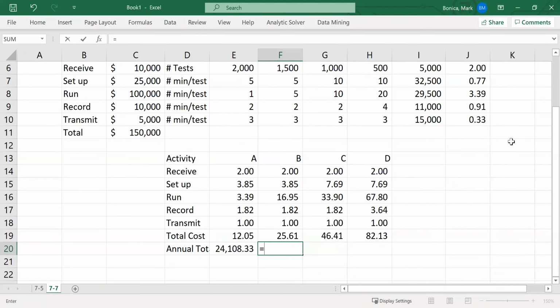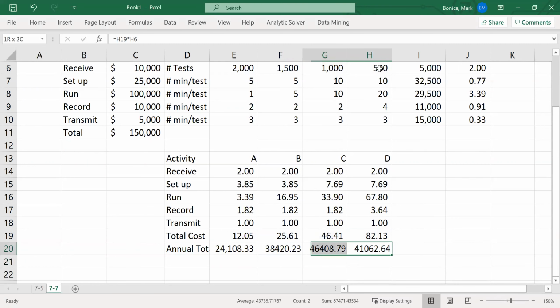The annual total for B is going to be the total cost per test for B times the number of B tests that we do. The annual total for C is going to be the cost per test for C times the number of C tests that we do. And finally, the annual total for D is going to be the total cost per test for D times the number of D tests that we do.